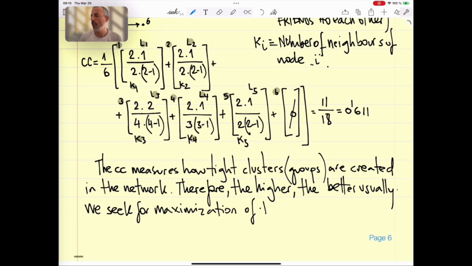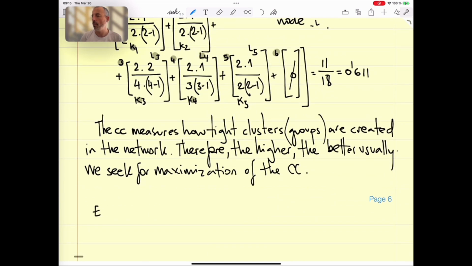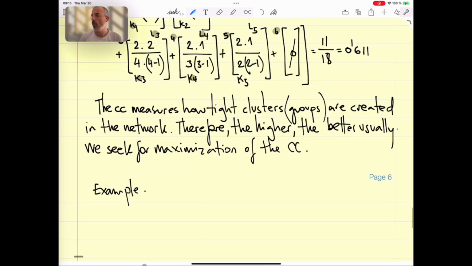So in one example, imagine you are a leader of a group of people, and you have two possibilities of putting them together. One is this one, and one is this one.